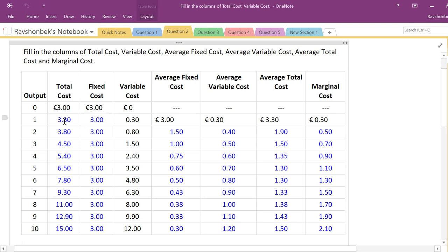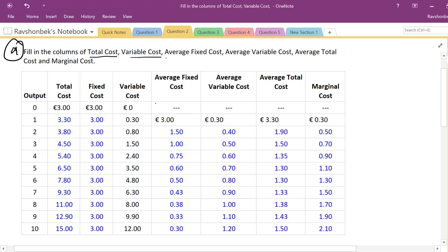It's easier to give you the typed answers rather than entering them manually in this video, which would just stretch the video and be less effective. But I can still explain what is to be done to get these figures. Now let's read the question. This is number 2A: fill in the columns of total cost, variable cost, average fixed cost, average total cost, and marginal cost.